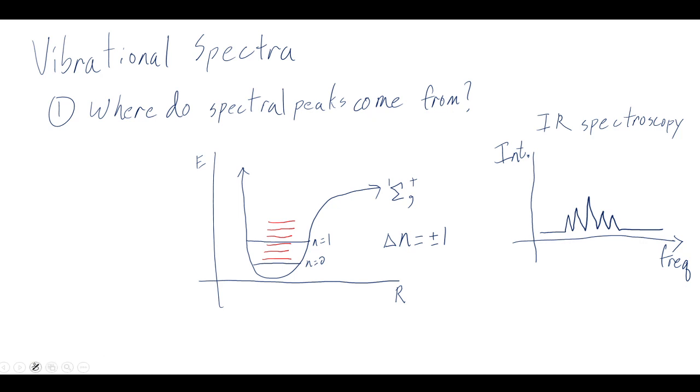And so when this molecule transitions from the ground vibrational state, it may not only be in the ground rotational state. So it's not only this transition that could happen. In fact, that doesn't happen for diatomics because you need a change in J, as we'll see in future lectures. But you would expect multiple peaks. Why? Because multiple rotational levels are populated.